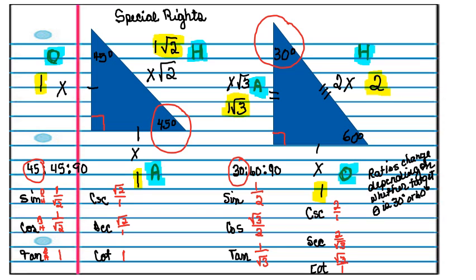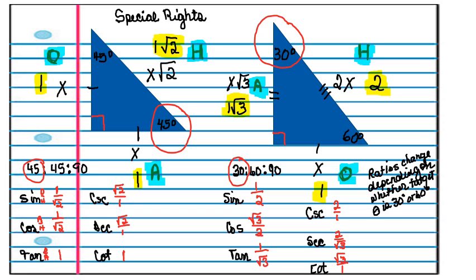There are special right triangles, and that's going to be your 45, 45, 90, and your 30, 60, 90. And I'm just going to work these off the ratio of x, x, x square root 2 for a 45, 45, 90. And to be a unit 1, it just means that x is going to end up equaling 1.